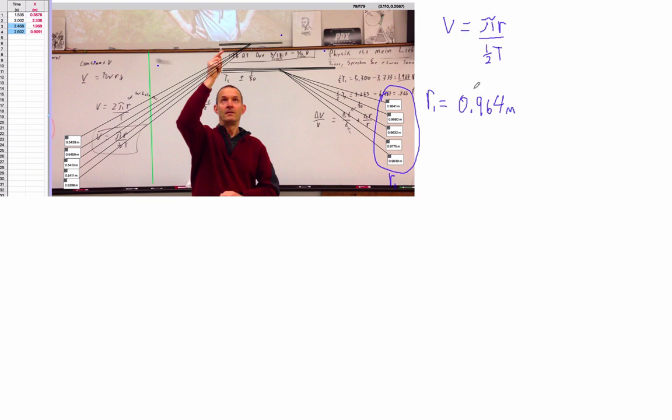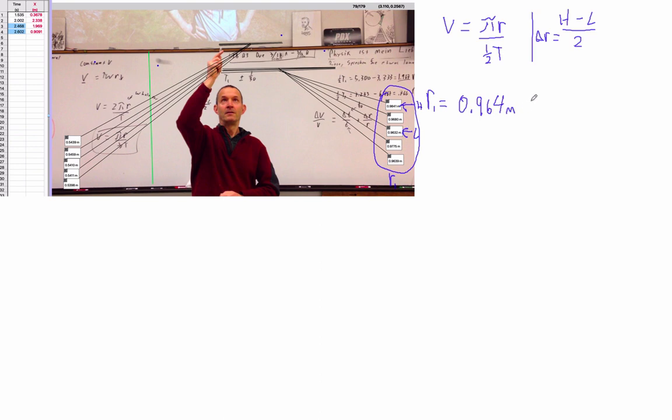Then the question is, what is it plus or minus? Well, it's always going to be plus or minus the highest minus the lowest over 2, okay? So delta R is that, right? The highest R. So here is our highest R right there. That's the highest. And the lowest R is that guy right there. So I'm going to go 0.9841 minus 0.9632, and then I'm going to divide that by 2.